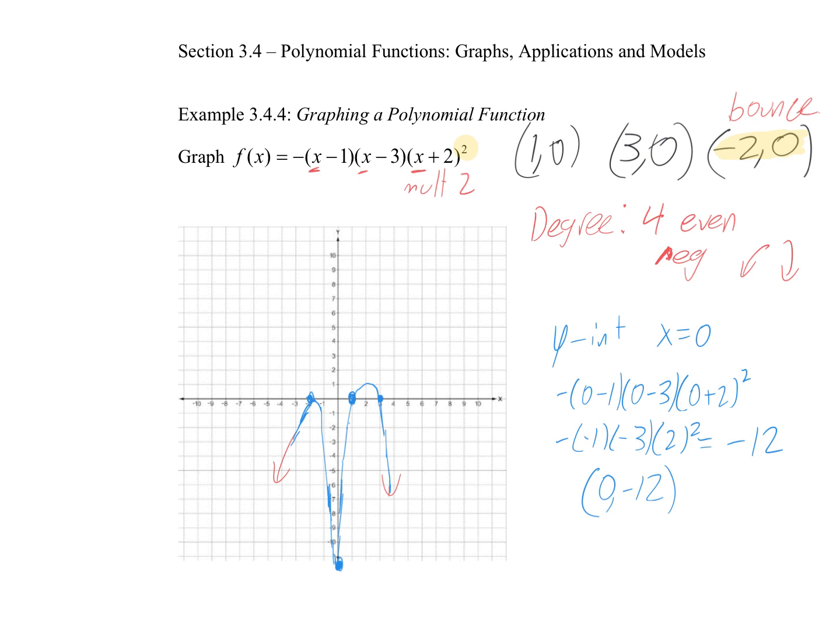If for some reason it's not fitting into all of the constraints, so if for some reason you're like, wait, it's supposed to be even, but suddenly my ends are going in opposite directions, or my arrows are pointing the wrong way, or I'm not able to hit one of these zeros, something's wrong and you need to go back and make sure everything is in agreement. So go back and check your work if you run into something like that.